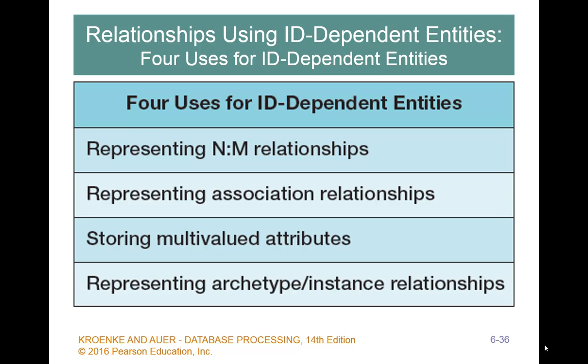And again, what we need to understand is that ID-dependent really is indicating what is going to be considered the primary key of that new table that we're creating. So more than likely, if it's ID dependent, it's going to be some type of composite primary key that typically maps back to another table.